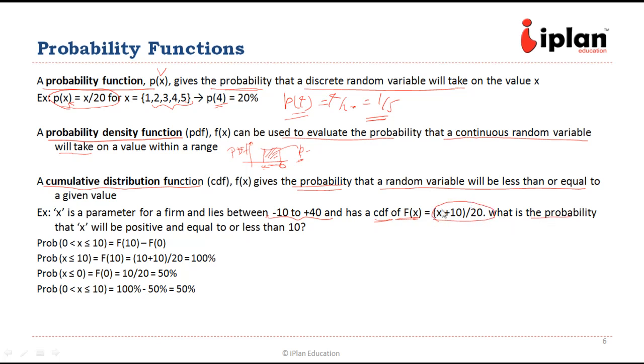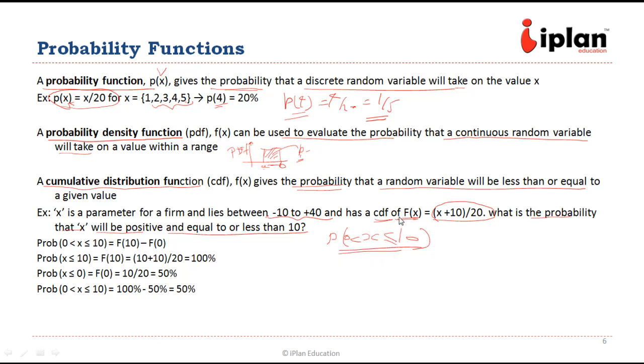The question is asking what is the probability that x will be positive and less than or equal to 10. So basically the question asked is the probability of x being less than or equal to 10 and a positive value. So this is the range in which the probability is being asked.